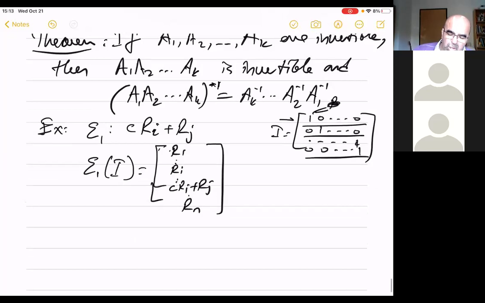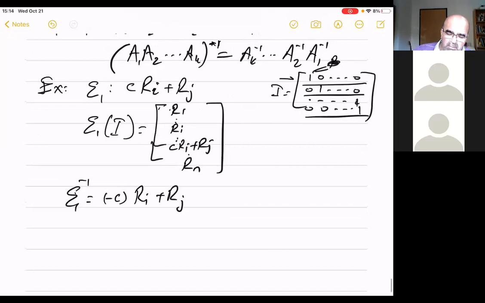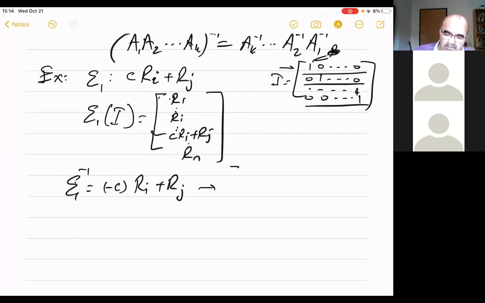Now, if you do the inverse operation, epsilon 1 inverse is multiplication of the ith row by minus C, added to the jth row. So this matrix is R1, Ri, minus C times Ri plus Rj, and so on up to Rn.